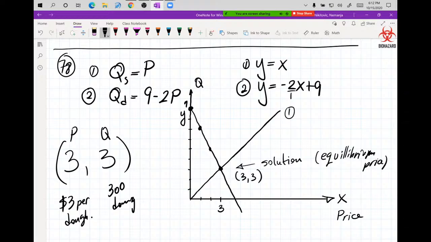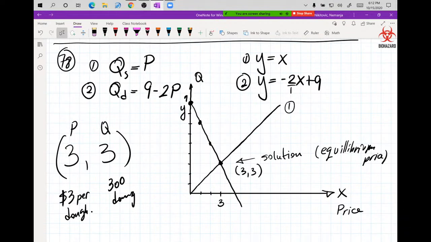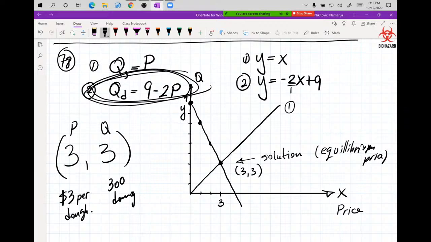So there is a lot of things that go into this. In this word problem, we had the supply equation, which was quantity of the supply equal to the price. And then we had this one over here, which is the demand, which is what you do with the market research.